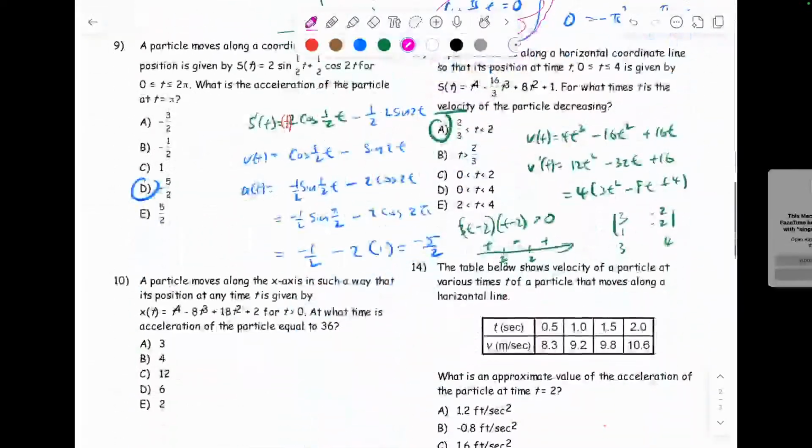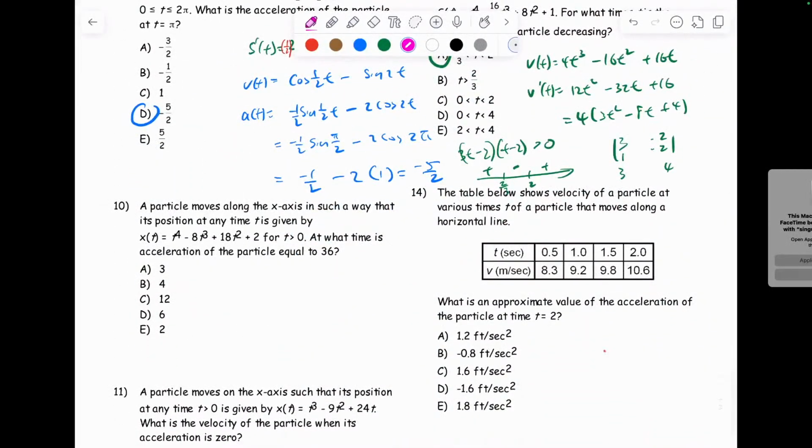Let me see 14. I think the only option I can do is a slope between those 2 points. The difference is going to be 0.8 over 0.5, that's 1.6.